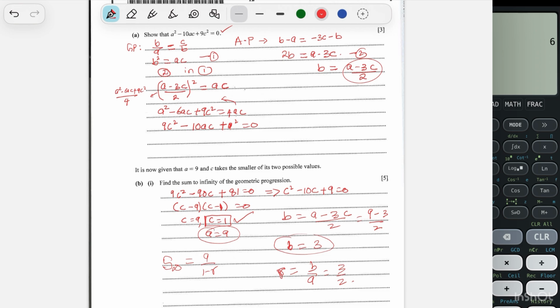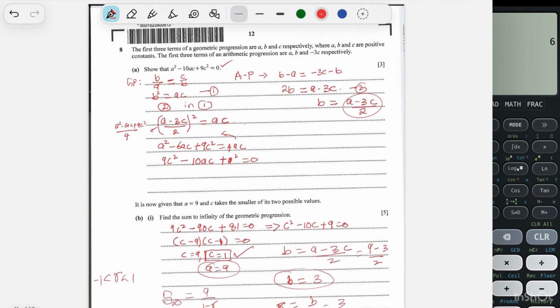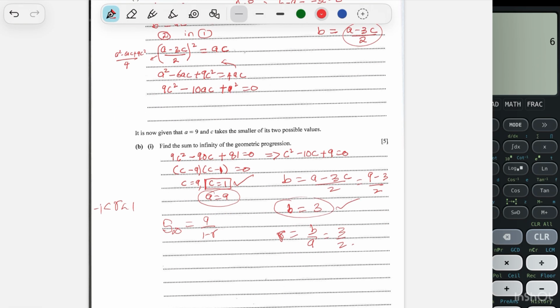But there's a problem now, because when you're using sum to infinity, the condition should be r between minus 1 and 1. So we need to find another b. This is my actual b.